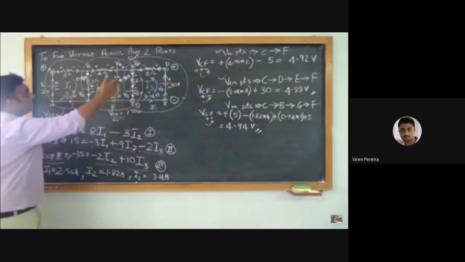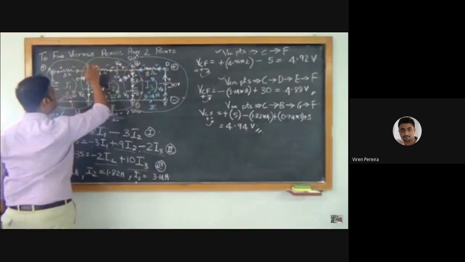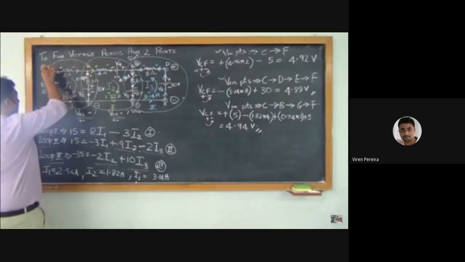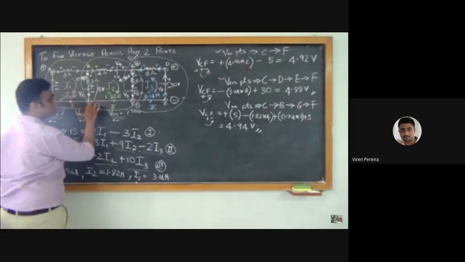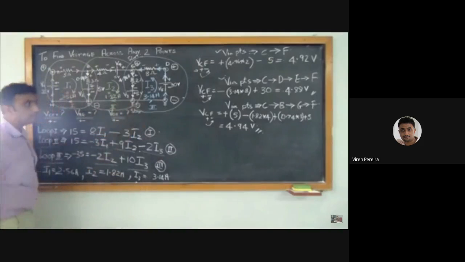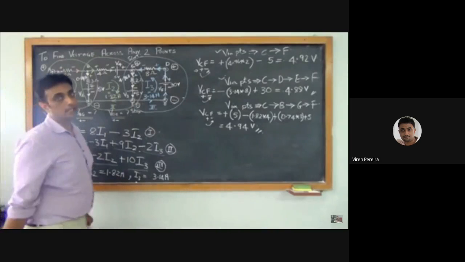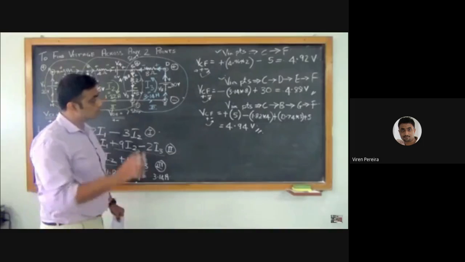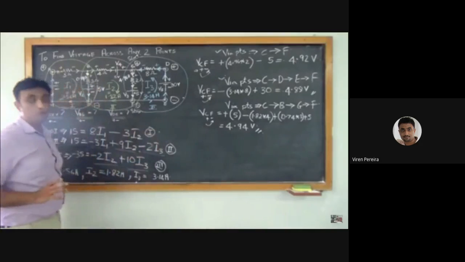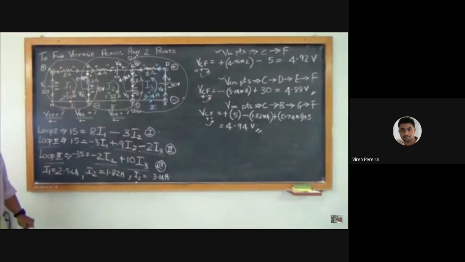Even if you take C to B, B to A, A to H, H to G, and G to F, you will get the same value, roughly 4.9 volts, no matter which loop you take.